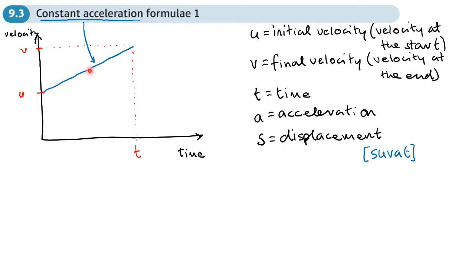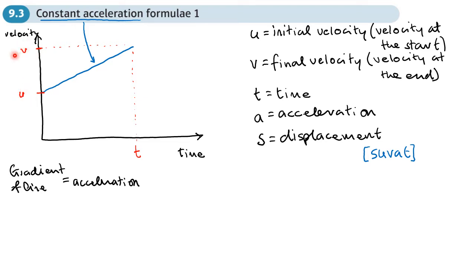Well, the first thing is that the gradient of this line is equal to the acceleration. Okay, so let's just write that down. Gradient of line equals acceleration. Now what is the gradient of that line? Well, it's the change in y over the change in x. Now what's the change in y here? How far up does it go? Well, we don't have numbers, but if I did have numbers, I'd do this number minus this number.